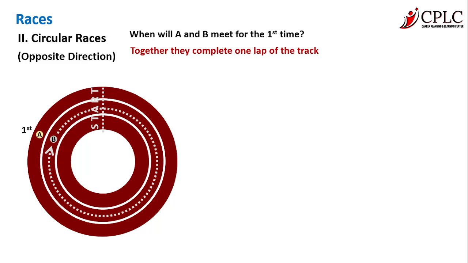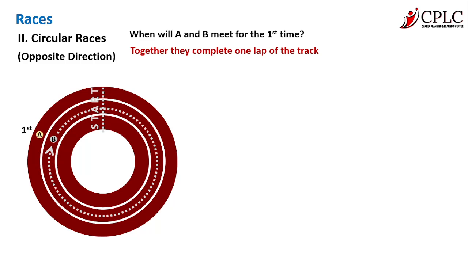If you combine both of them, you would realize that together they complete one full lap of the circle. That will be the case every time for the opposite direction for the first meeting.